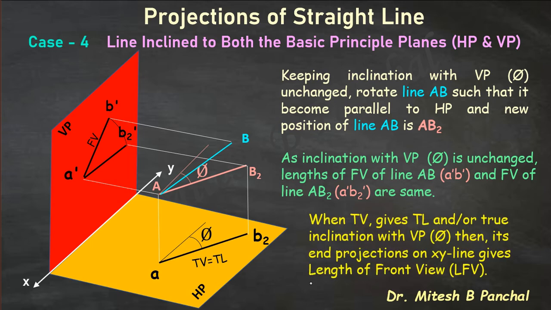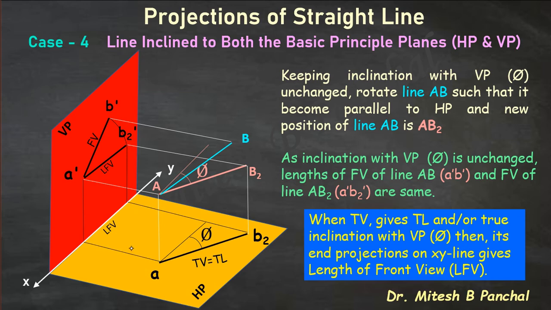Again, the point 3 of case 3, that is when top view gives true length or true inclination with VP, then its end projections on XY will give you the length of front view, and that is nothing but the same length of the original front view A dash B dash.